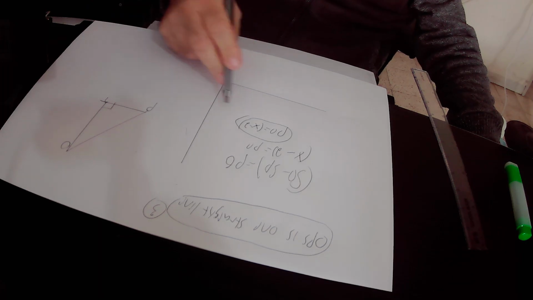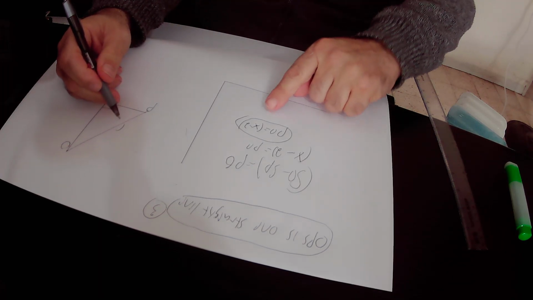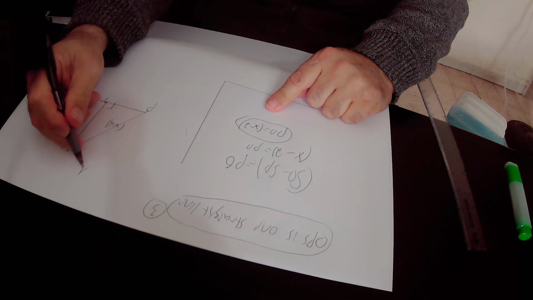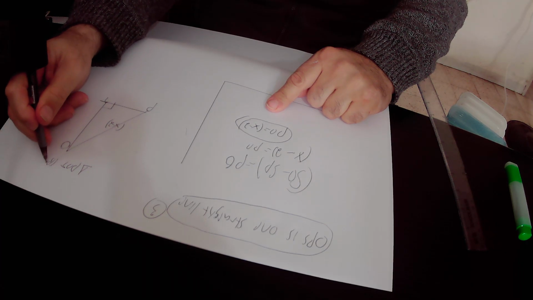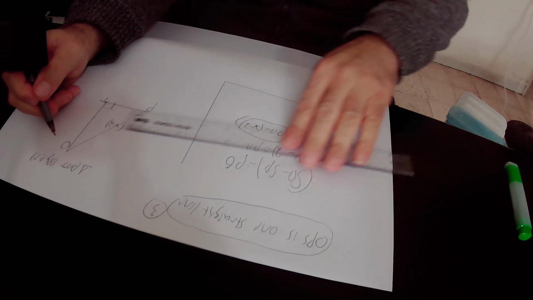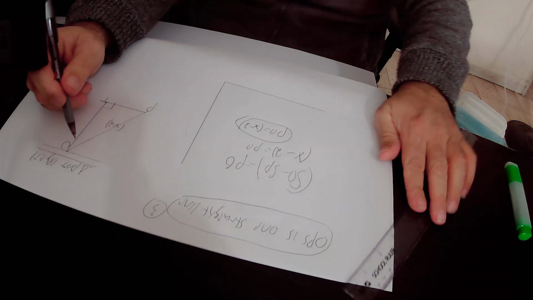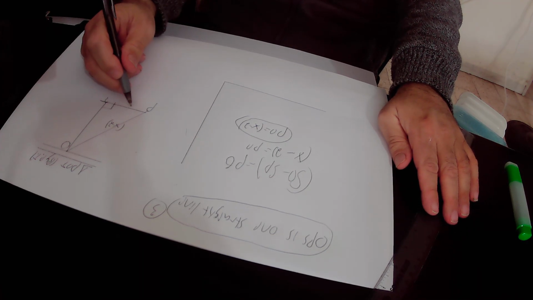The hypotenuse PO equals x minus 2. That's what we already found out. This is the right triangle POT. We found out that PT equals 7 over 2.